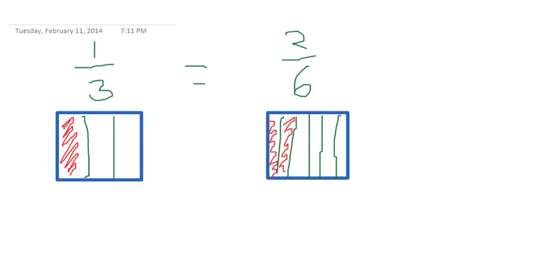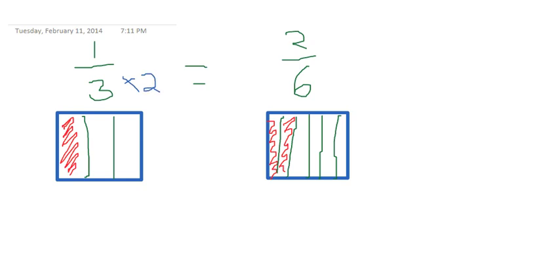Well, what did we do here? We took the picture and we divided it up into more parts. What did we multiply it by to get there? We multiplied it by 3 times what equals 6? 3 times 2 equals 6.